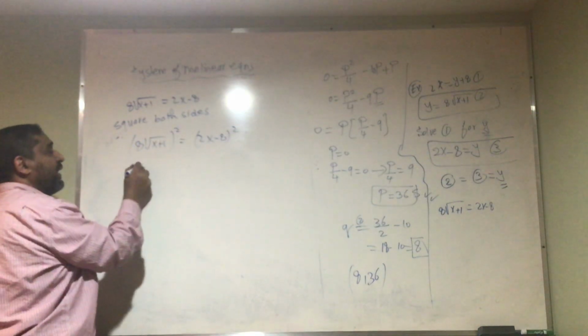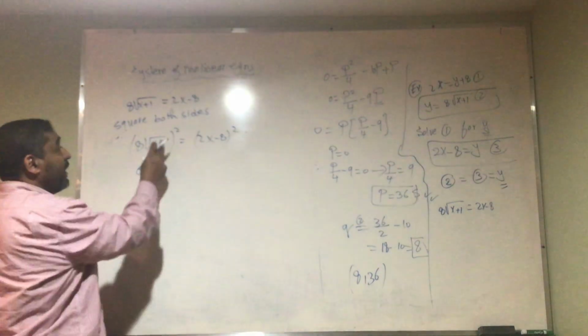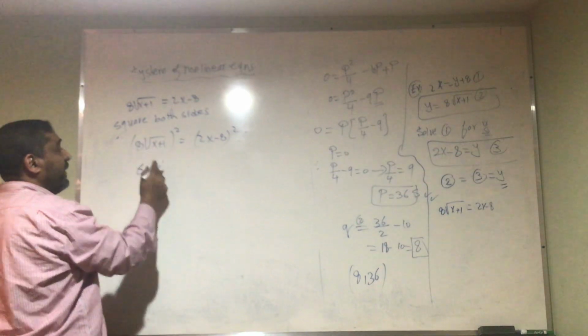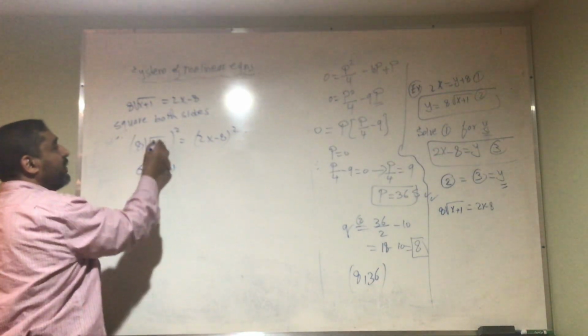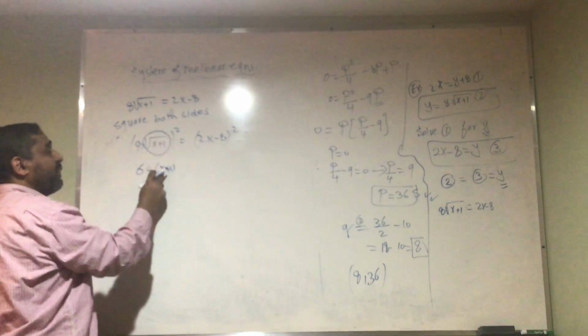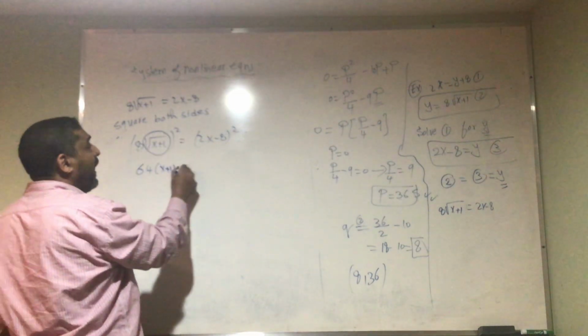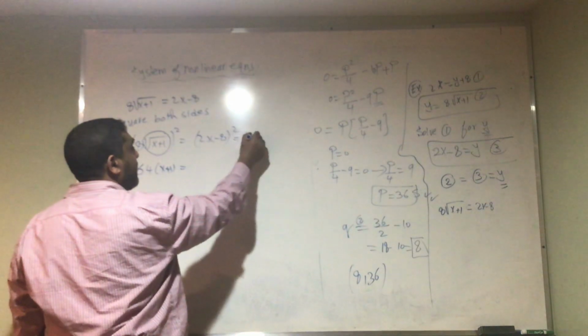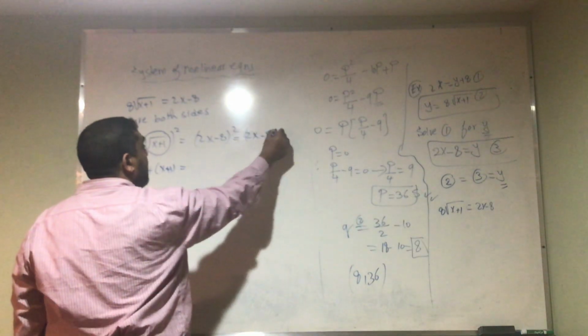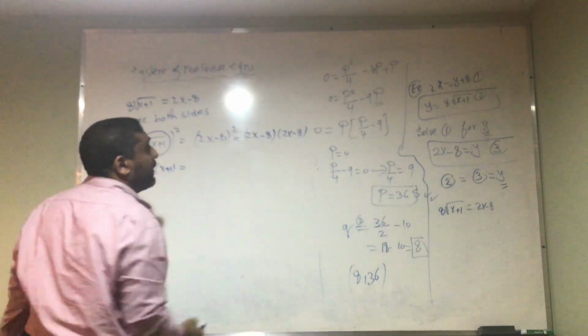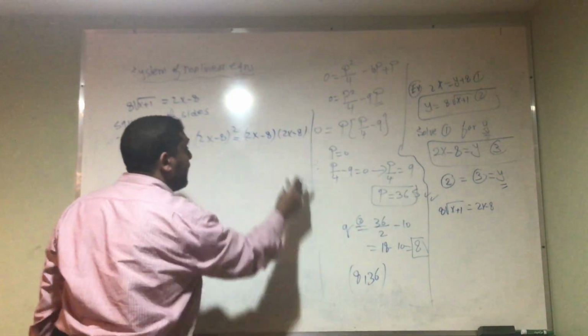Now when I square that, it gives you 64. When I square the square root, you get x plus 1. So this term only, you get x plus 1, and the 8 squared is 64. Now this one here, you have 2x minus 8 multiplied by 2x minus 8. Then go ahead and expand the bracket.